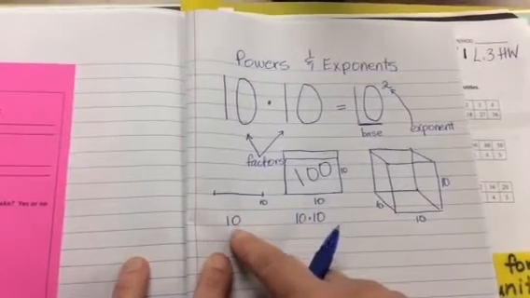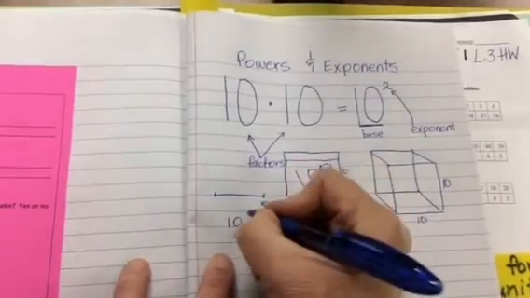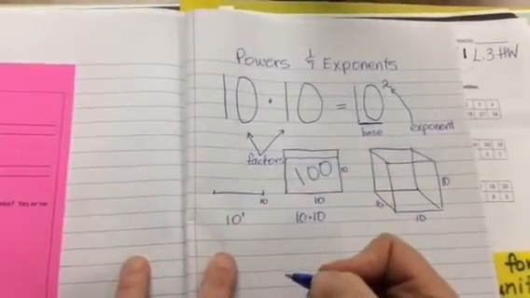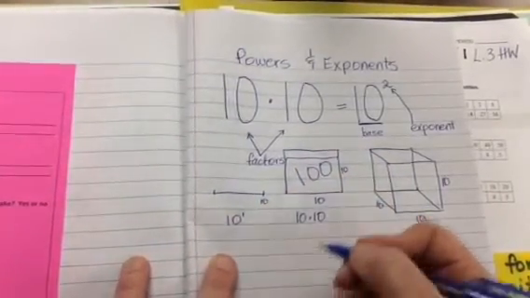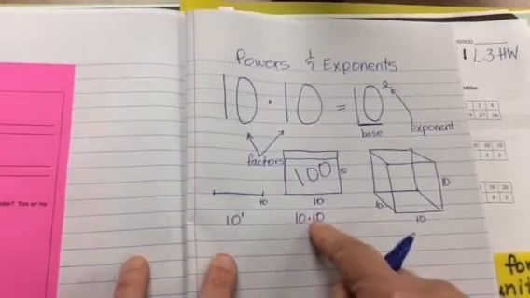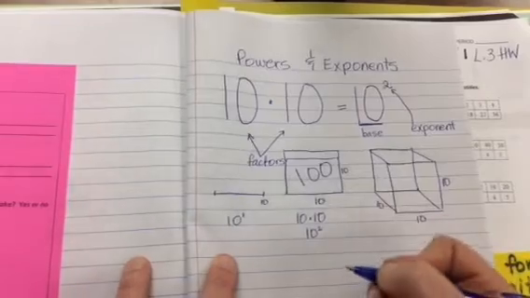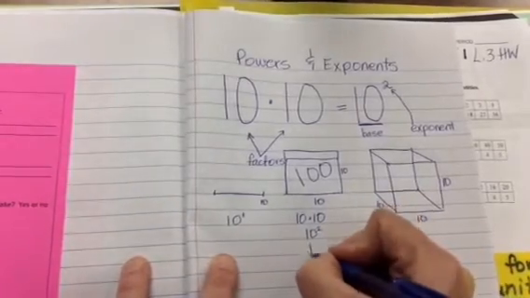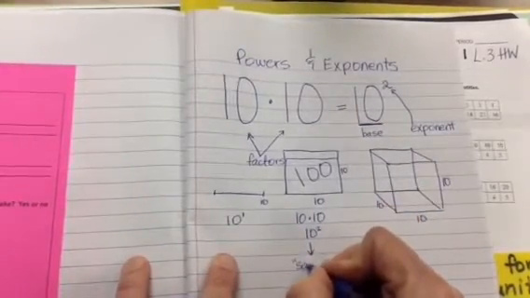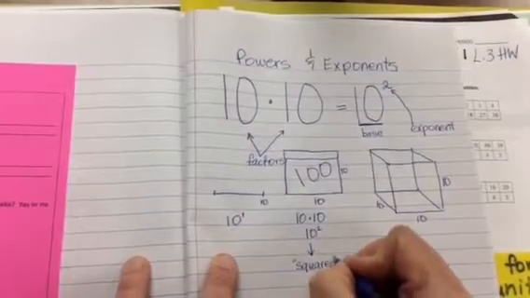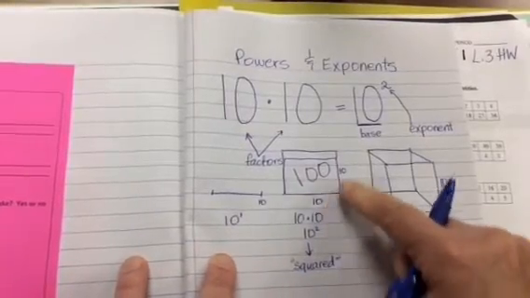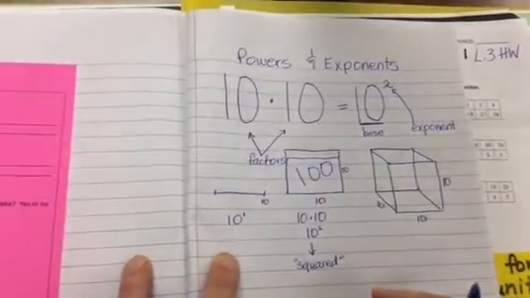So, you guys know to measure length is 10. Since we're just using that as a factor once, it's 10 to the first power. But if I have it used as a factor twice, it's 10 to the second power, sometimes called 10 squared, because when you square a number, you turn it into a perfect square.